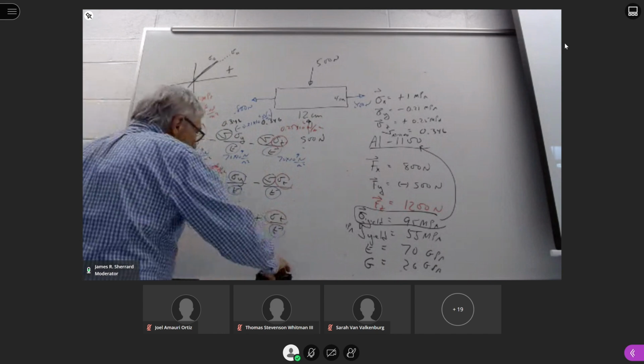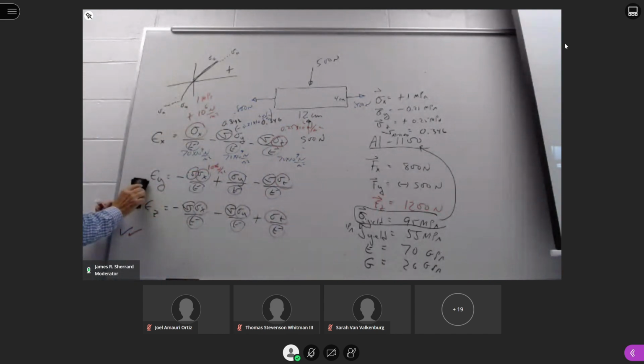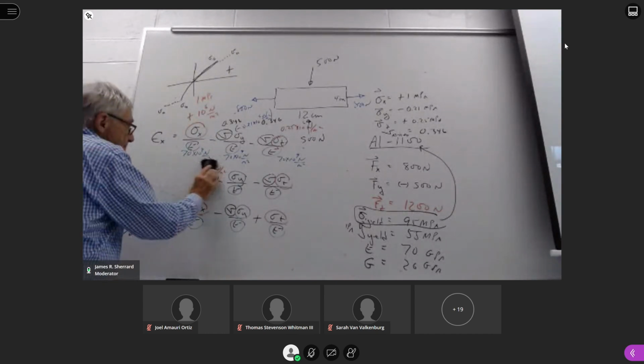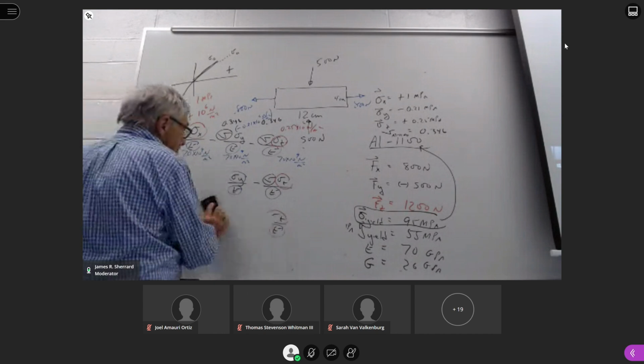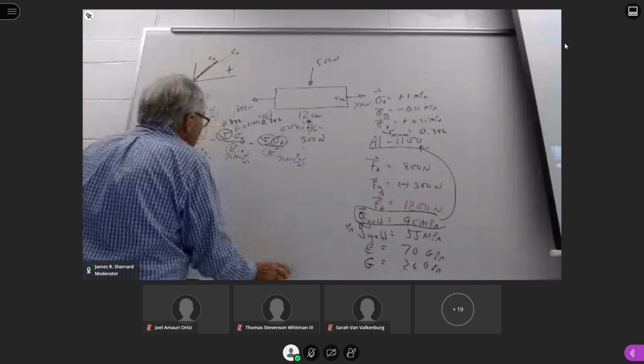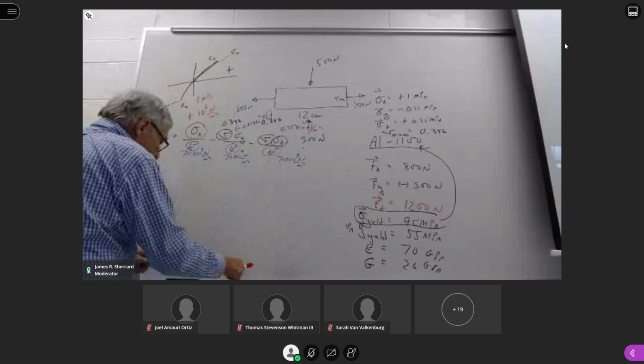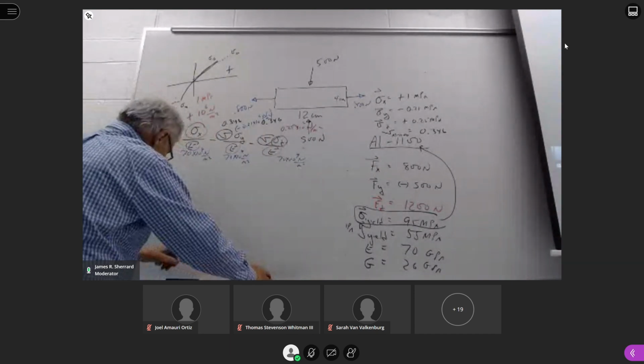Okay, so I'm going to go back. Right now, just for ease of space, I'm going to erase the calculations for strain in the y direction and the z direction, and we're just going to calculate it for x. Everybody with me? I'm going to expand this so hopefully it'll be a little bit clearer.